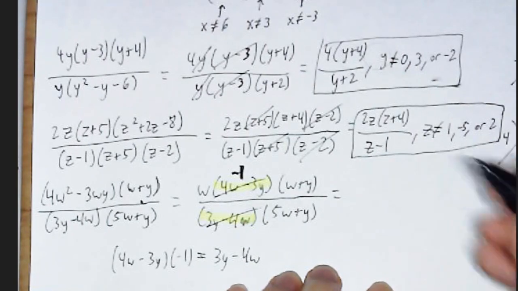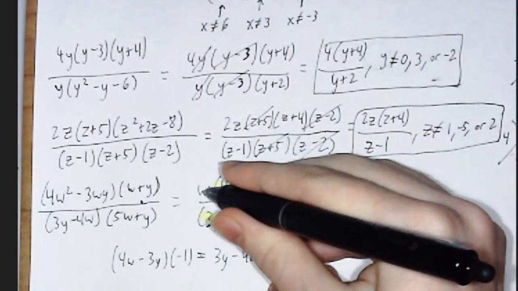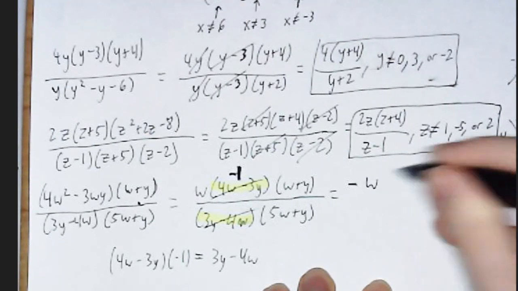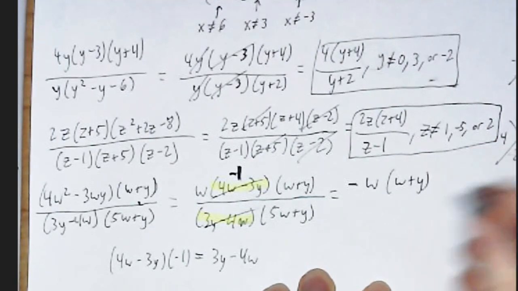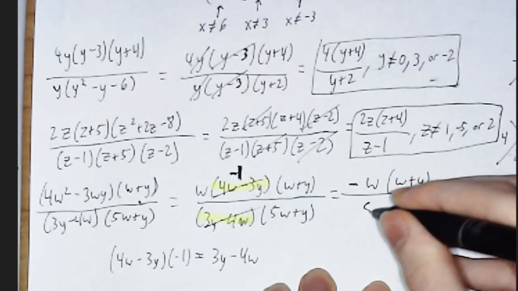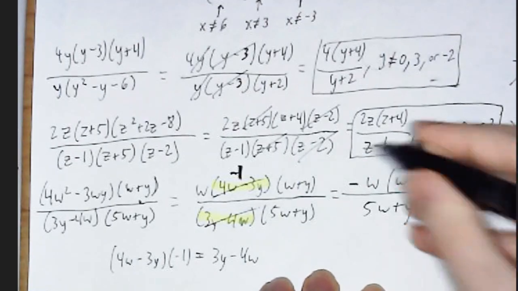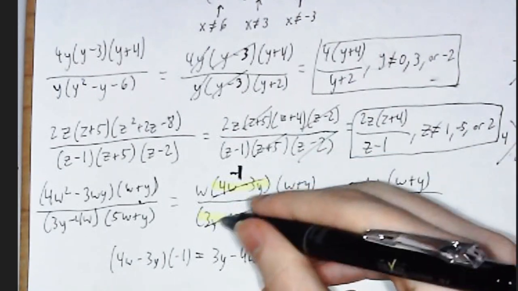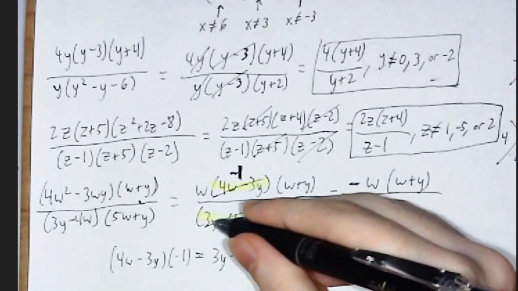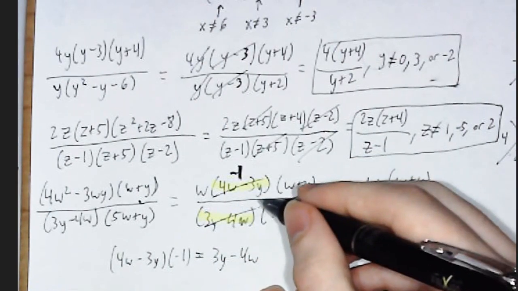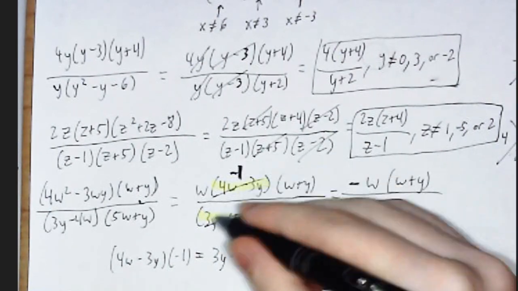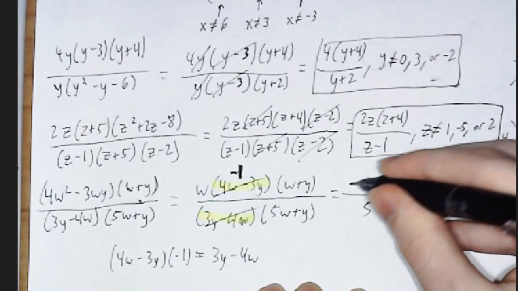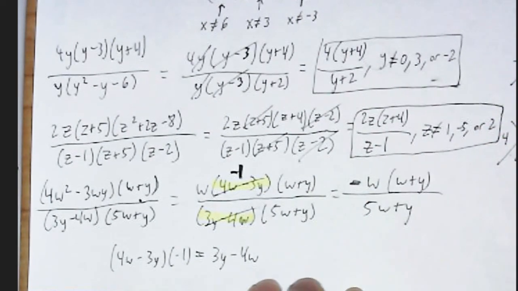And so instead of getting w times w plus y in the top, we're going to get -w times w plus y on the top, divided by 5w plus y on the bottom. And that negative comes from what we get by dividing 4w minus 3y by 3y minus 4w. We divide both of these and we get -1 because they are opposites. And that -1 is right here with this negative sign in front of the w.